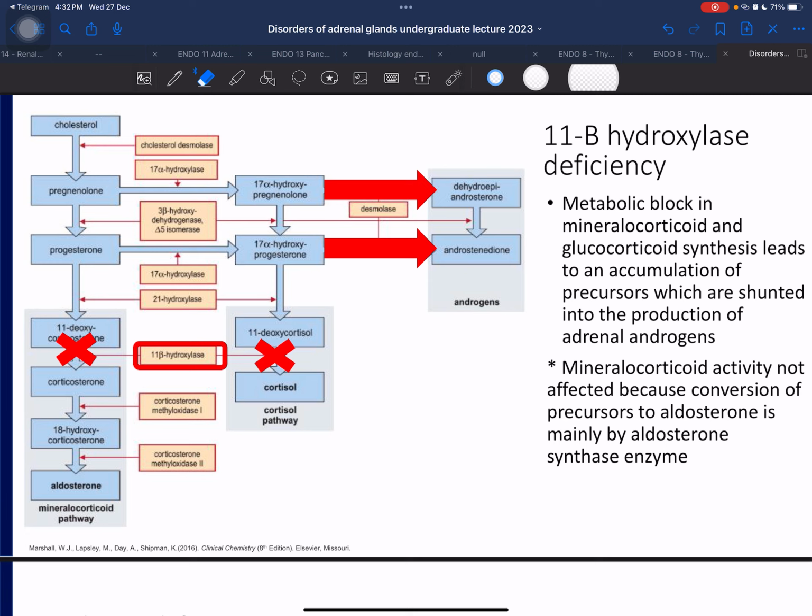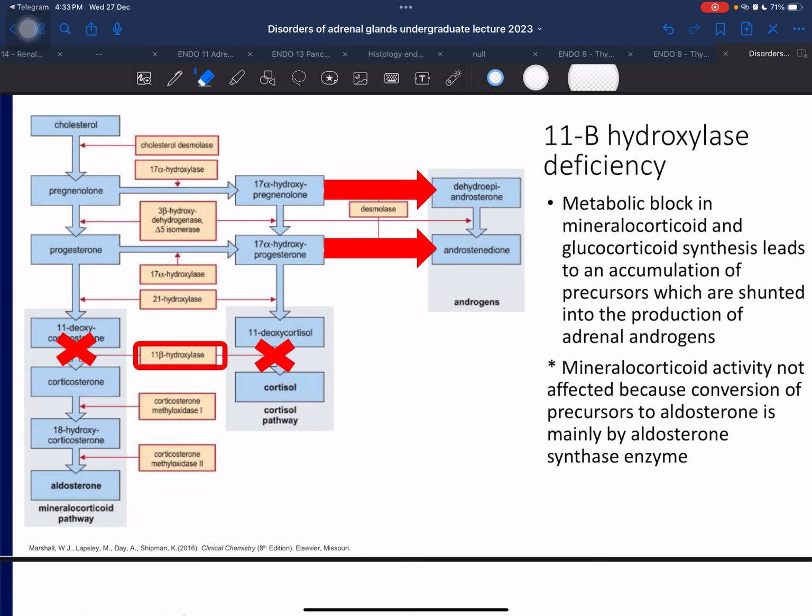If the block is much higher, the effects are actually more severe. If the block is much lower in the pathway, the effects are much lesser because there are other alternative pathways that sometimes can enable conversion of your precursors to your end product. So in this case, there are aldosterone synthase enzymes that can convert small amounts to aldosterone.